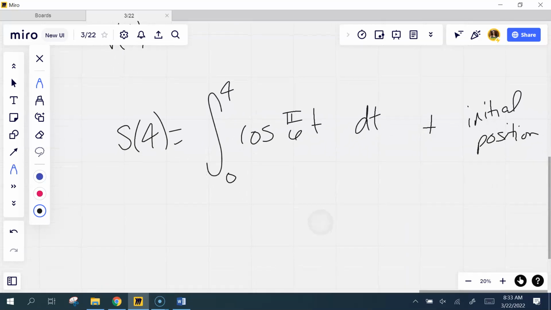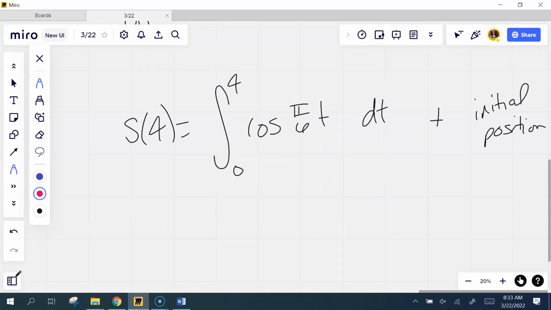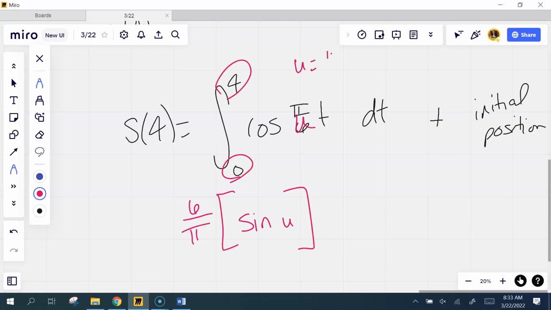This was kind of a u-substitution problem. If u is pi over 6 t, du would be pi over 6 dt, so I need a 6 over pi outside to counter. The antiderivative of cosine u is sine u. I need to change my bounds also: from 0 to 4 pi over 6, which is 2 pi over 3. There are those unit circle values.